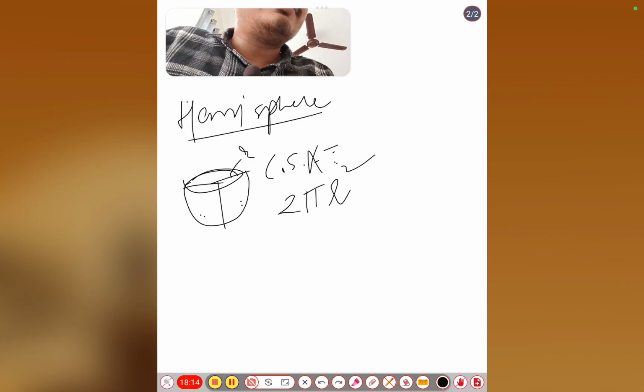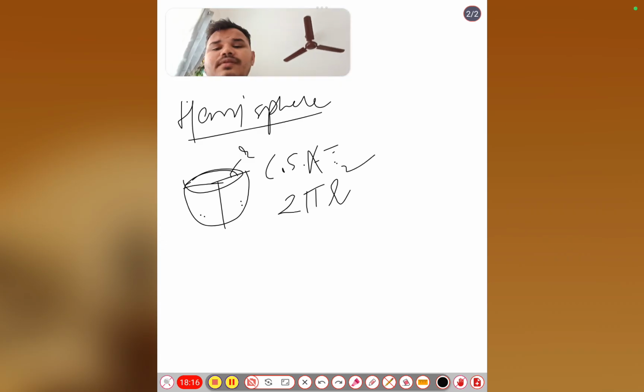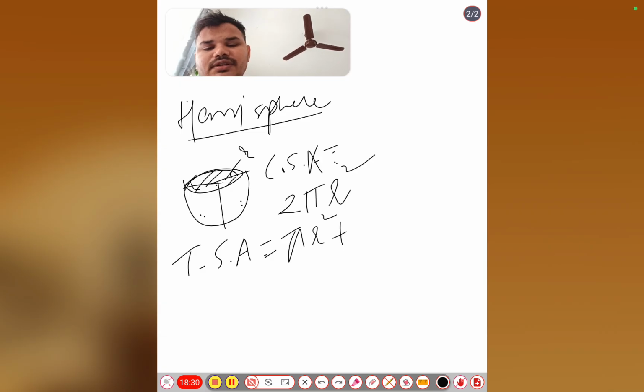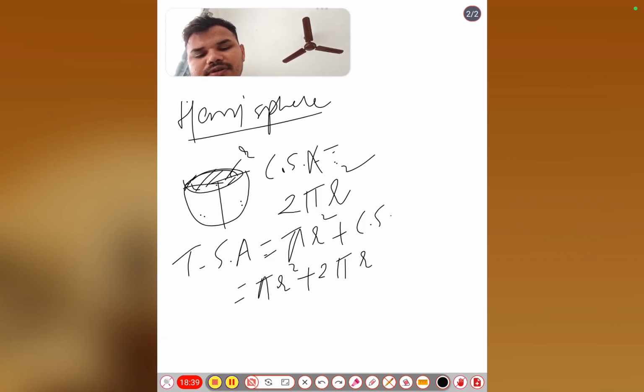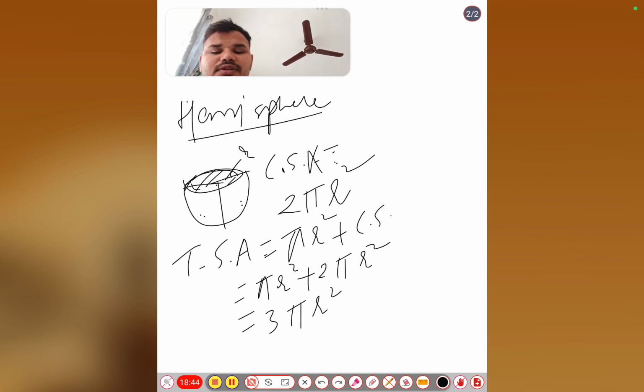For the total surface area, we also consider the area of the top, which is circular, pi r square. So pi r square plus 2 pi r square gives 3 pi r square, that is the total surface area of the hemisphere.